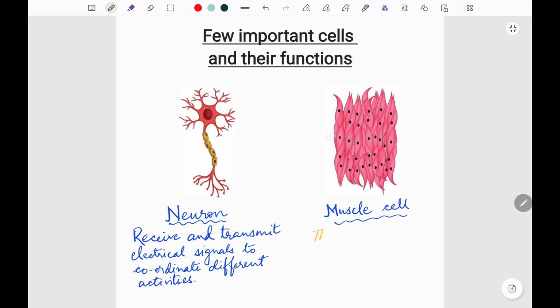Muscle cells are specialized cells that contract and relax to produce movement. They contain many mitochondria to provide energy for contraction. Now these muscle cells are also present in your esophagus and in fact throughout the alimentary canal, and that is how the food that you gulp in reaches your stomach.